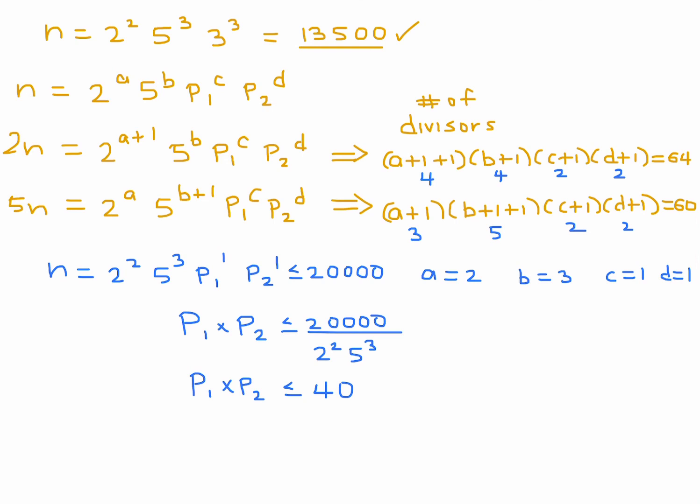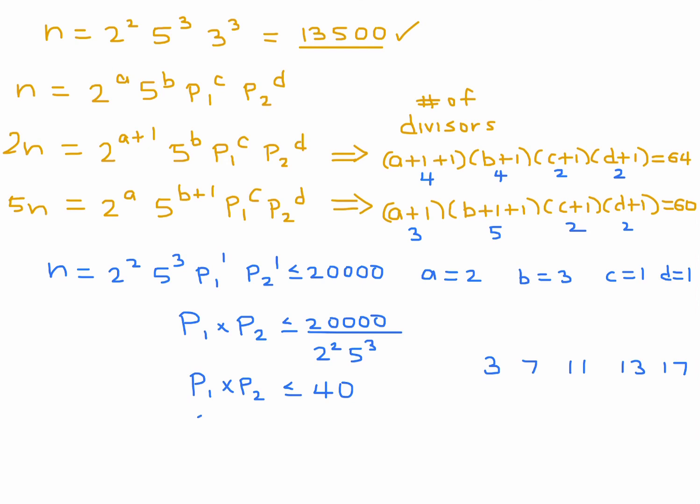So that means I've got to have two numbers that when multiplied together are less than 40, two prime numbers. Well, our prime numbers, not including 2 and 5, because those have already been used, are 3, 7, 11, 13, 17, and so on, right? Let's see what we get. What combinations can I put here to make it less than 40?